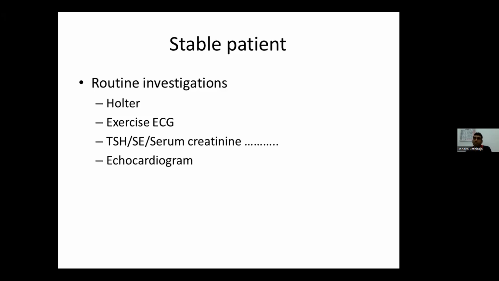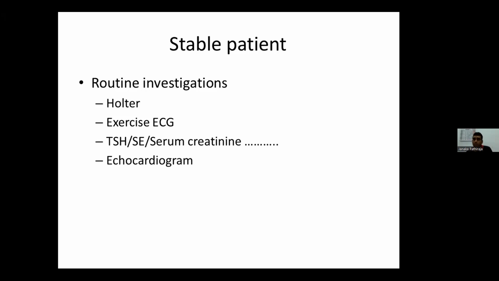At the same time, if the bradycardia is very severe, say somebody comes with a heart rate of around 30, 35, 36 and is asymptomatic, you might have to do the investigations and see what the underlying situation is. In my personal opinion, it is always better to do baseline investigations for an incidental finding, because after some time you can compare.